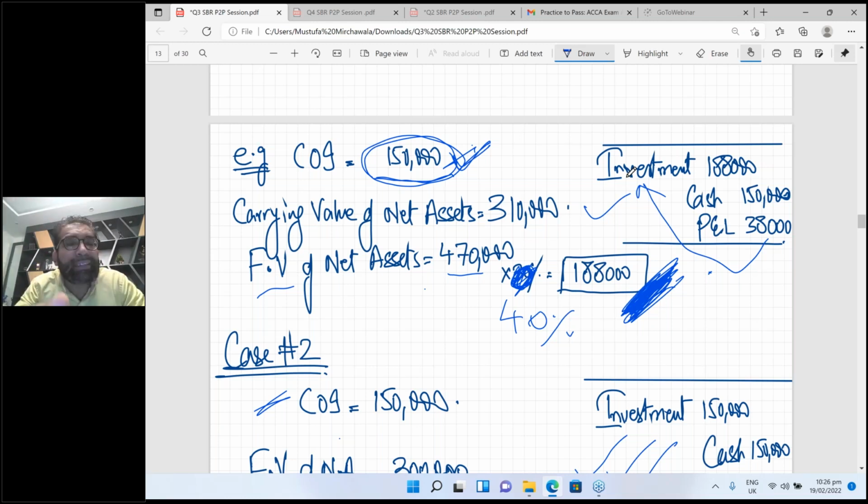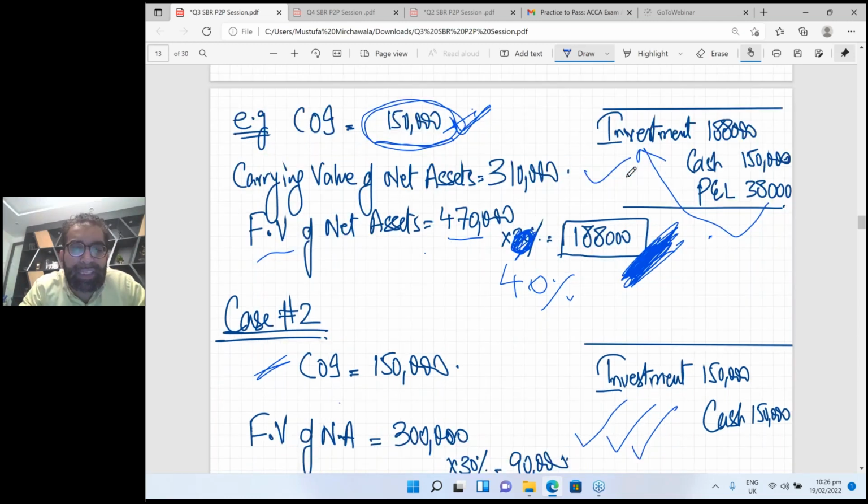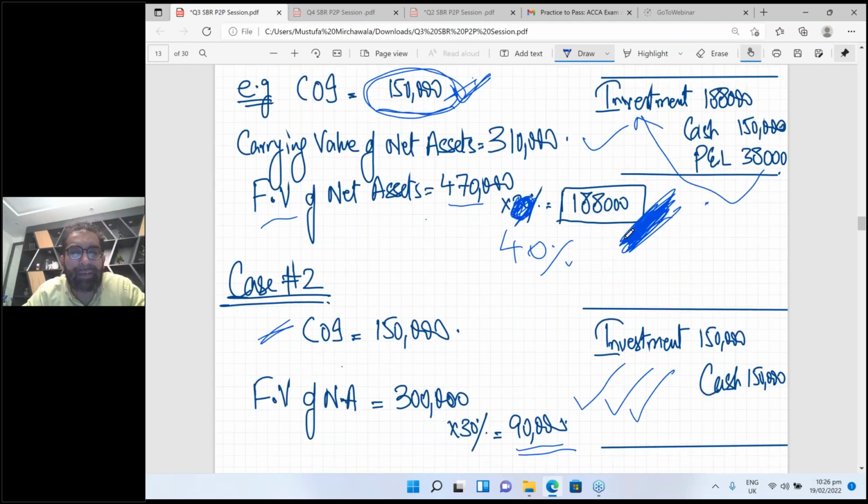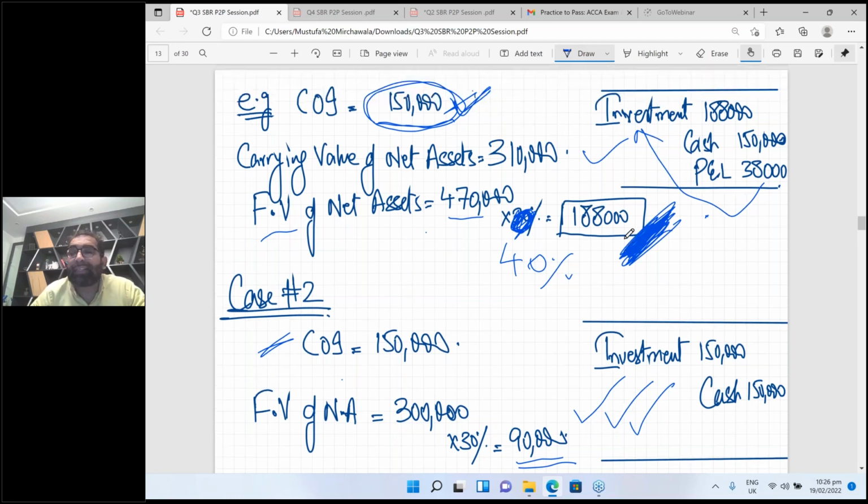So in both cases, whether a positive or negative goodwill arises, negative goodwill meaning gain on bargain purchase, it becomes part of your investment. I have written this line as well in the IS. I'll show you.